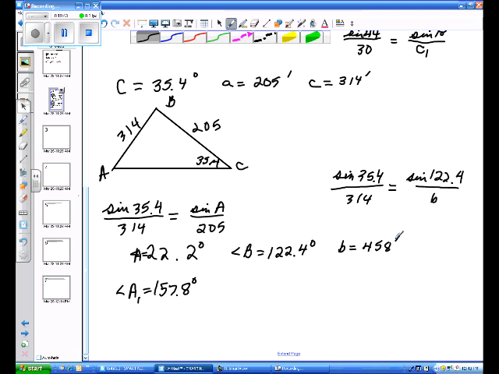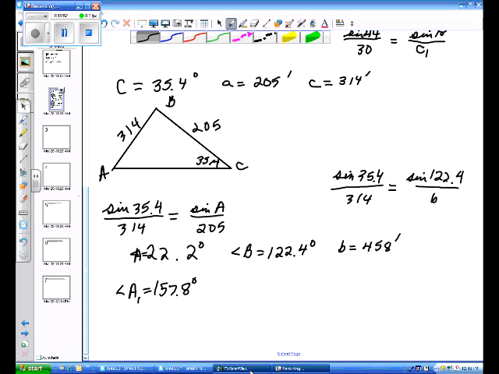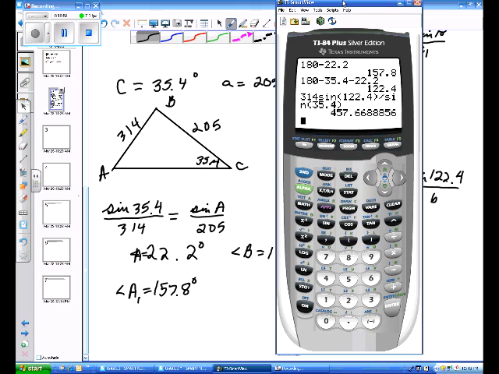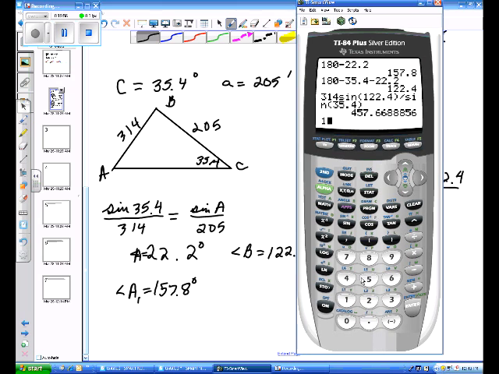Now that was if A was 22.2 degrees, but we said that A could also be 157.8. So let's go through and solve. So we'll need to find angle B. Well, to find angle B, we'll take 180 minus the 35.4 minus angle A, the 157.8.